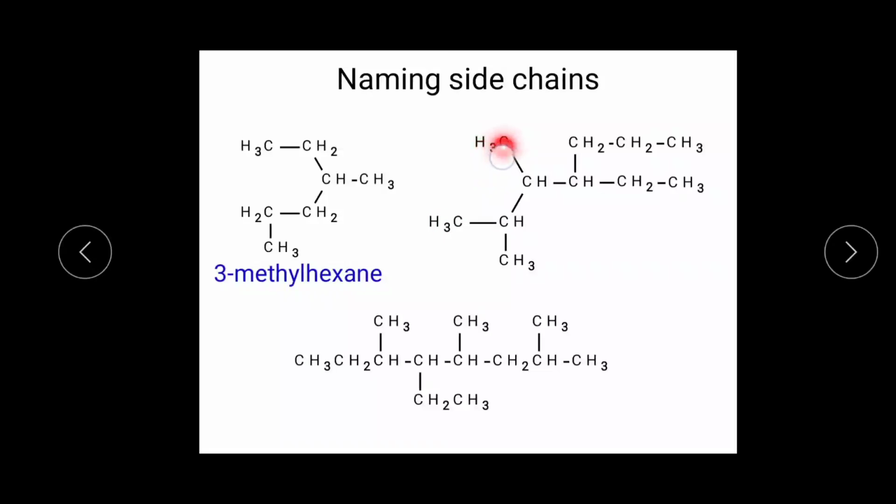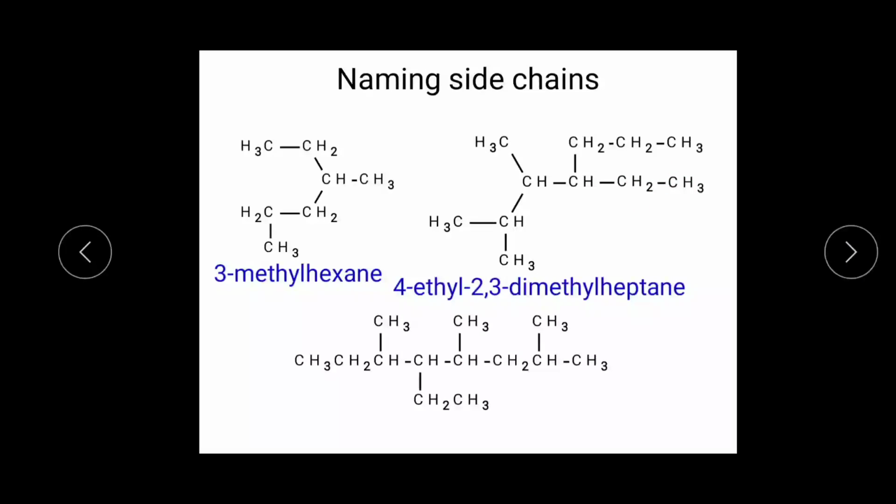The two side chains, or dimethyl, are located on the second carbon and the third carbon, while the other substituent here is attached on the fourth carbon, and this is an ethyl.